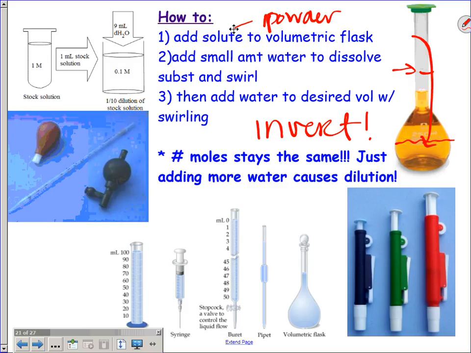Thank you. Okay, so the very first step here will be to take out, do you see my picture here? Stock solution. And in your calculation of M1V1 equals M2V2, you calculate one of the volumes. You're like, oh, I only need 1 milliliter of stock solution to make my new diluted solution. So this 1 milliliter of stock you pull out with what? It's on the board. Syringe thing, what's the name of that?